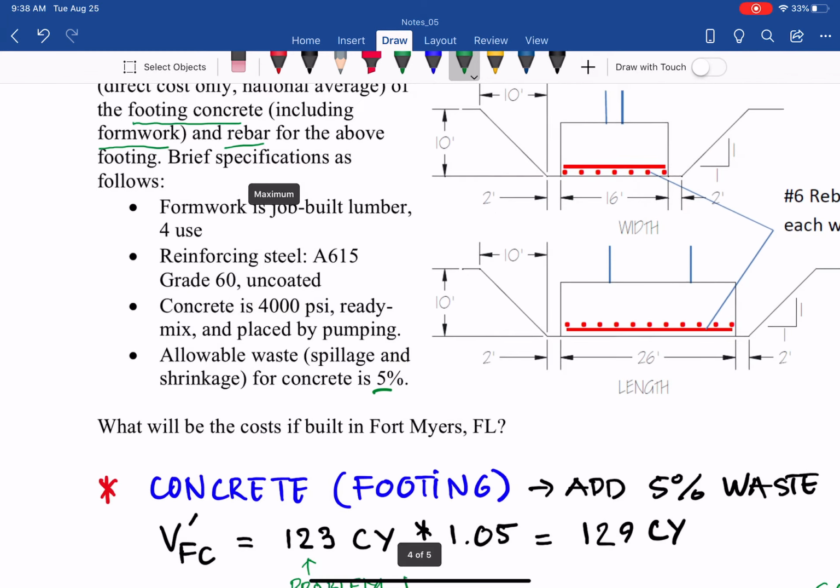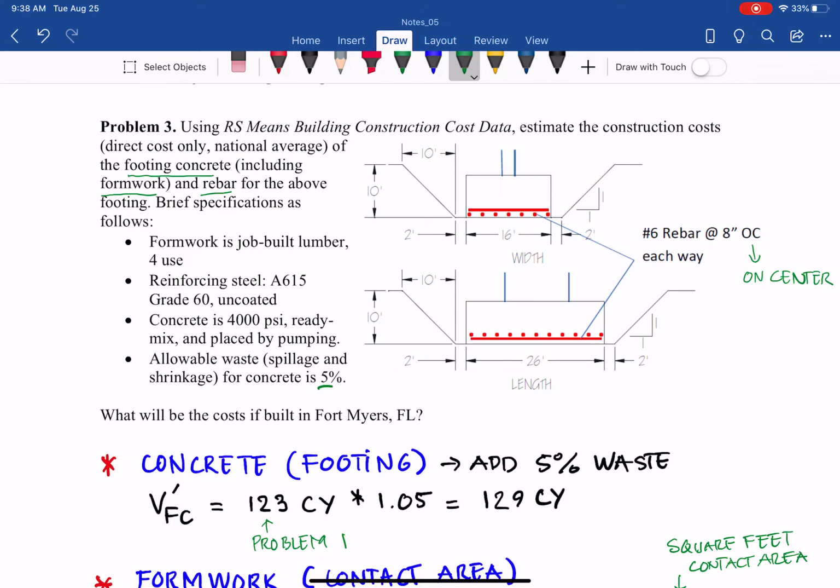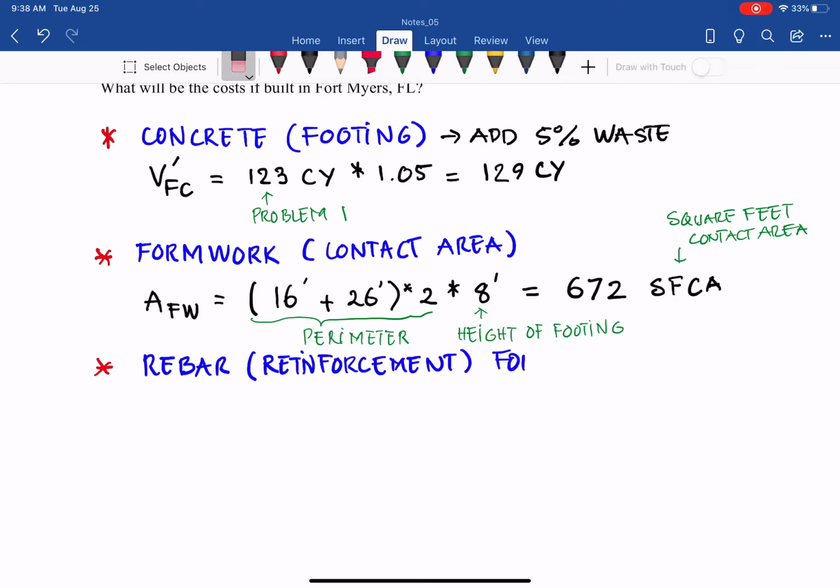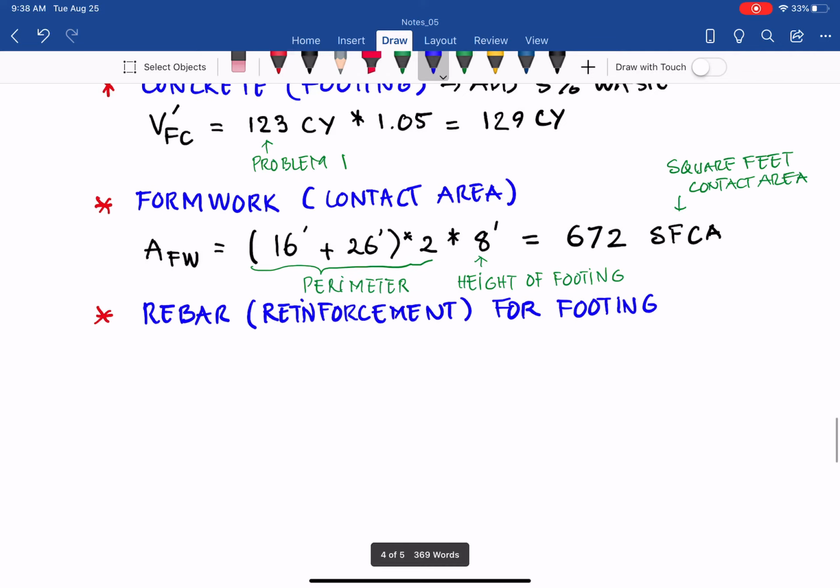They also ask us to determine the rebar. That is a little bit tricky here. So let's talk about the rebar, or reinforcement. Rebar reinforcement here for the footing.